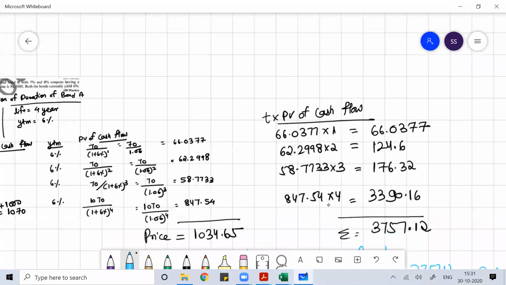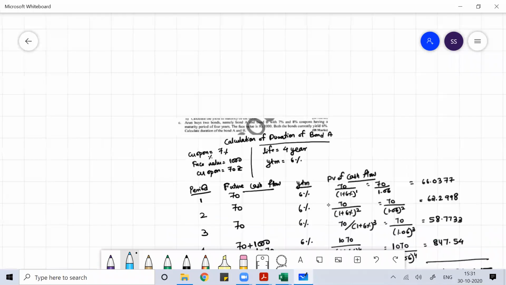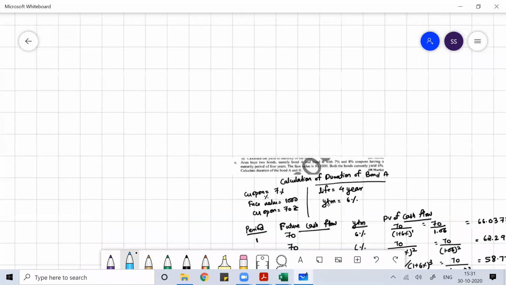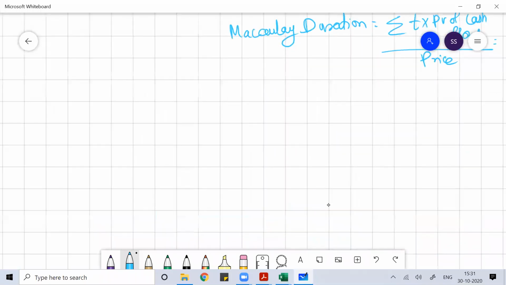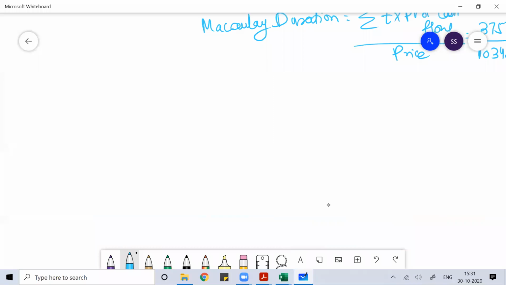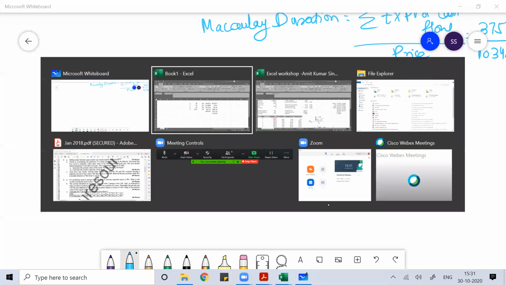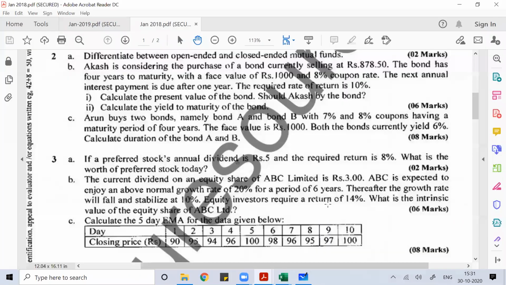So the way I did it for bond A, we can do the same thing for bond B. They just want us to calculate the duration for bond A and bond B. Everything remains the same.